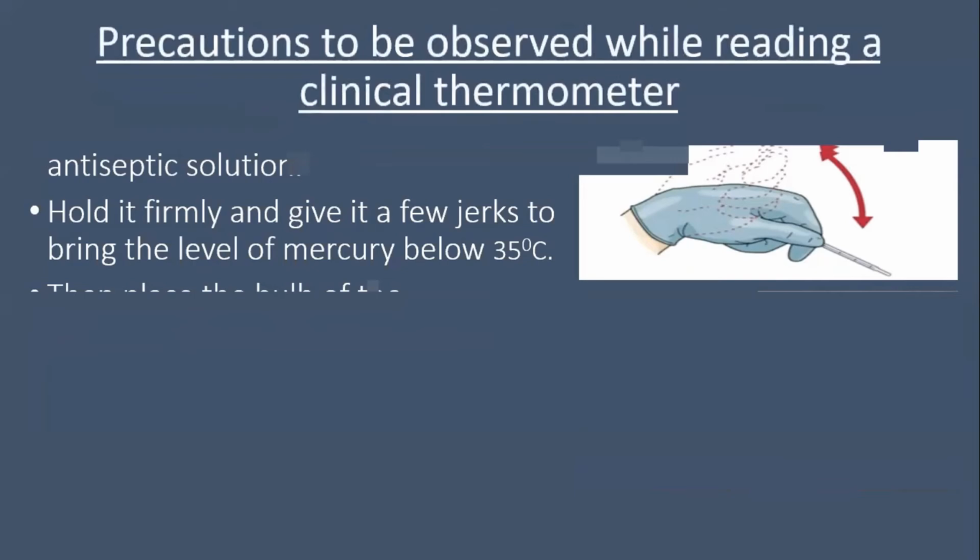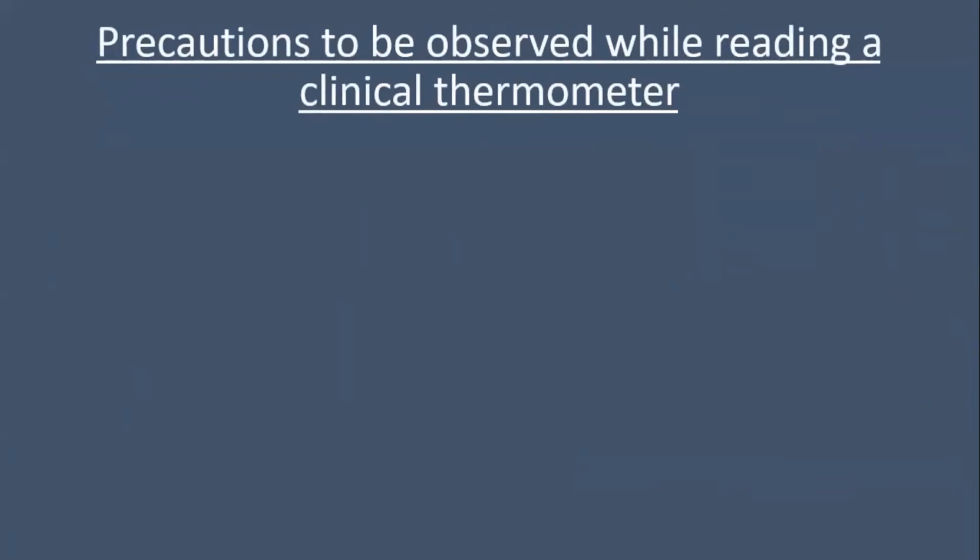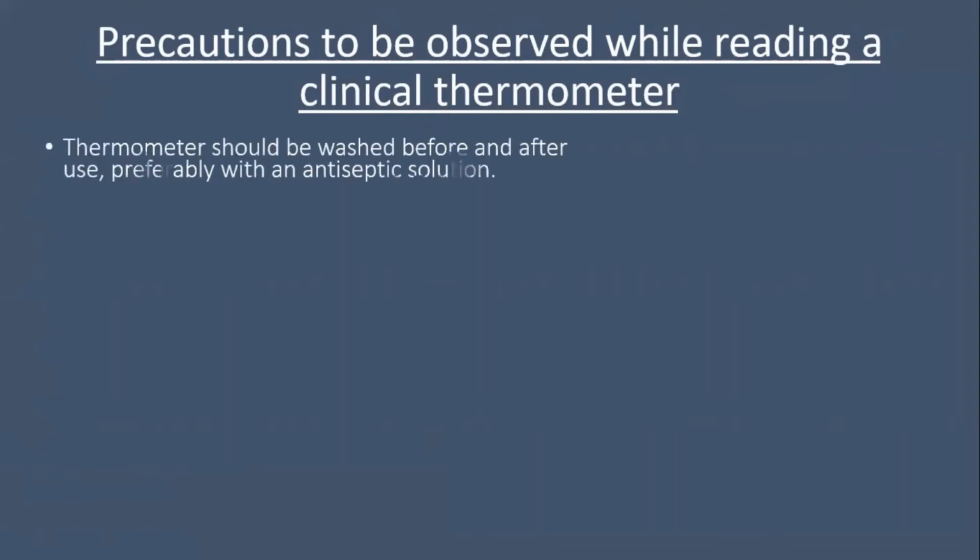Children, some precautions to be observed while reading a clinical thermometer. Thermometers should be washed before and after use, preferably with an antiseptic solution. Ensure that before use, the mercury level is below 35 degrees Celsius.